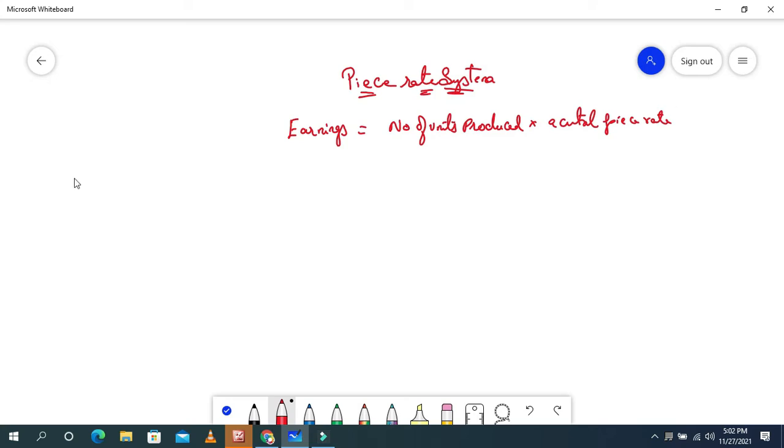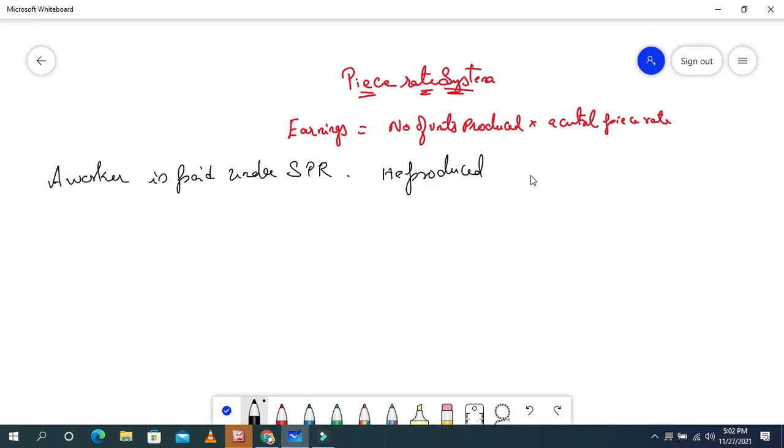A worker is paid under the straight piece rate system. He produced 2000 units in 200 hours.